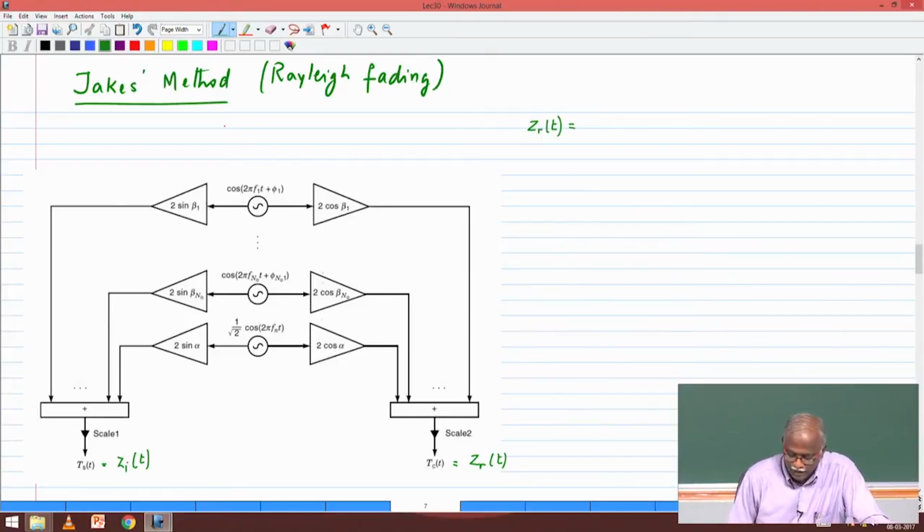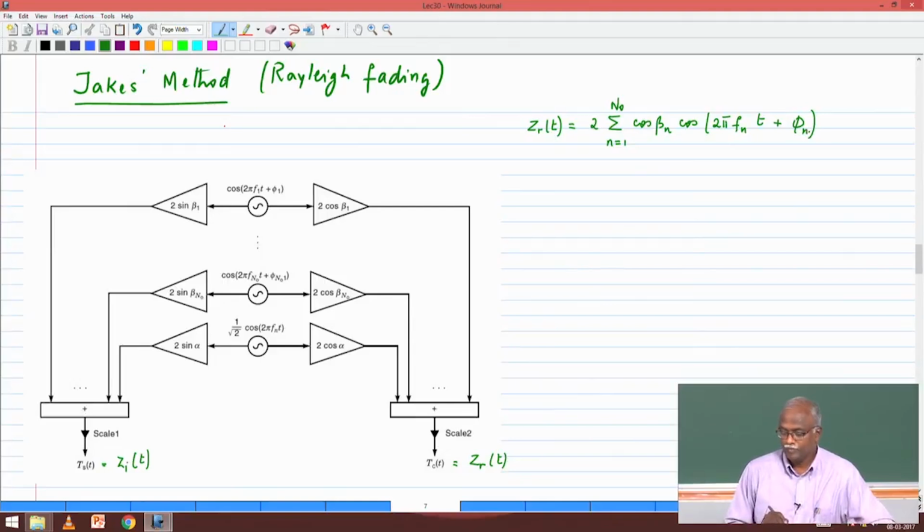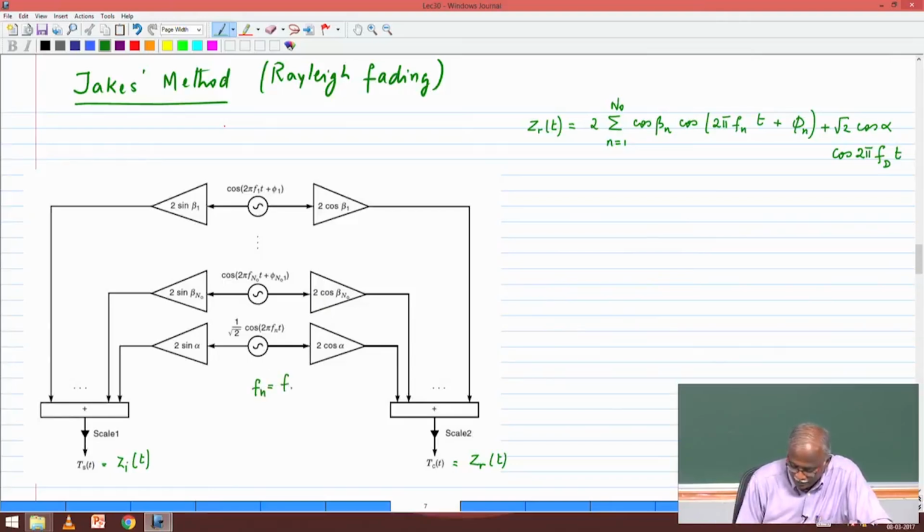Each of these multipliers has a scale factor of 2, so I take 2 out as a common term, summation n equal to 1 through N naught, representing the N naught oscillators: cosine beta n cosine 2 pi f n t plus phi n. That captures the N naught oscillators, plus the last term, which has square root of 2 cosine alpha cosine 2 pi fd t. In the figure I have used fn; fn is the same as fd, the notation that we are using. So this is the expression for ZR of t.